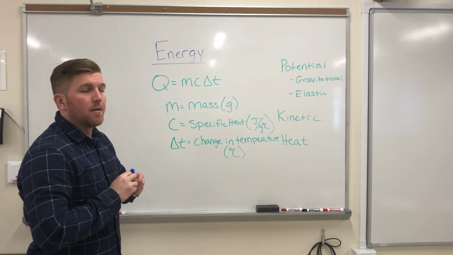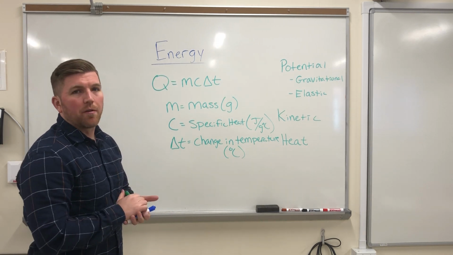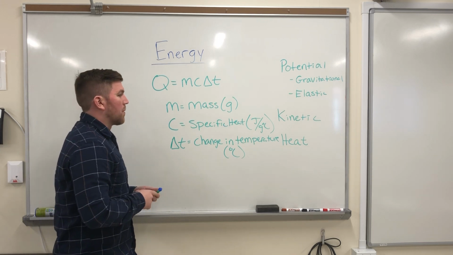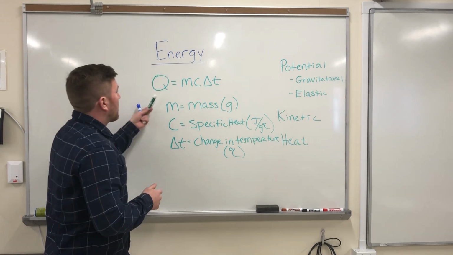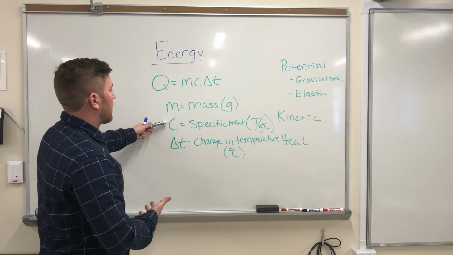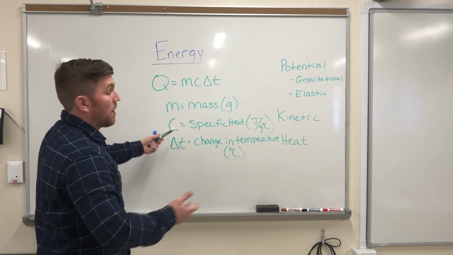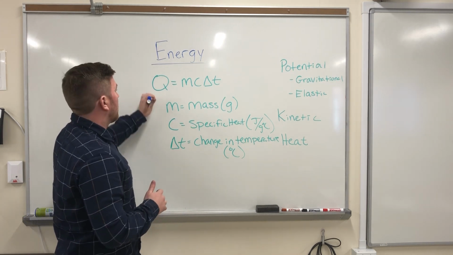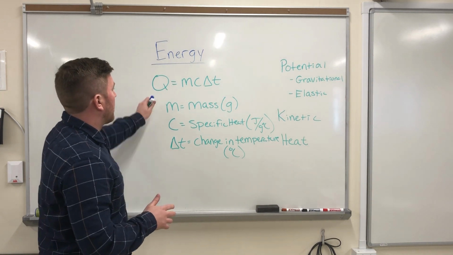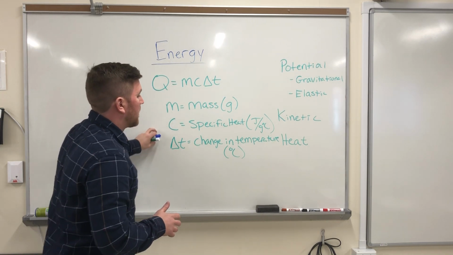As a quick refresher, 0 degrees Celsius is where water freezes, 100 degrees Celsius is where water boils. So we might be looking for heat energy, we could be looking for the specific heat of something, maybe we're looking for the change in temperature. It's all going to be based on algebra, rearranging this to solve for whatever variable that you need.